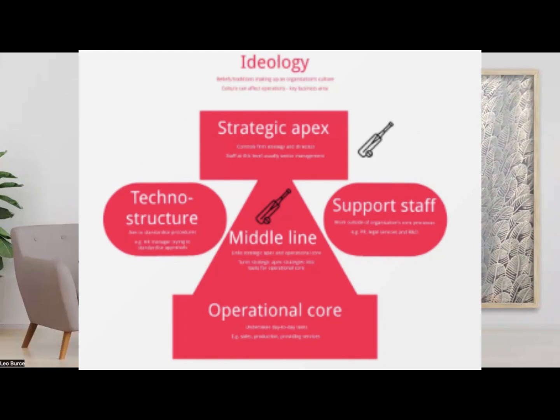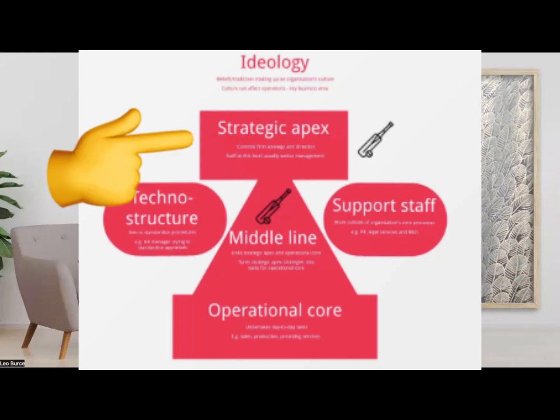The next basic part of an organization is the strategic apex. It is located on the other end, where the top management and their support staff are located. They are the ones who perform the most important role among the five parts of the organization, which is the formulation of the strategy as the result of scanning the environment.